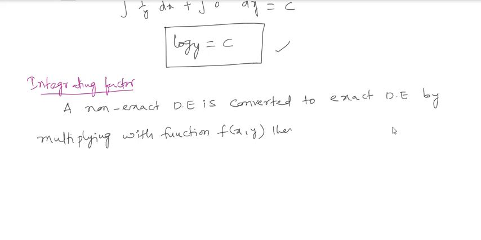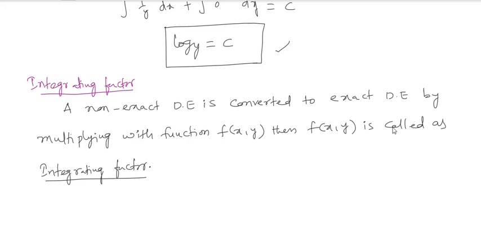Then that f of x comma y is called the integrating factor. Clear now? That's all. Am I right or not?